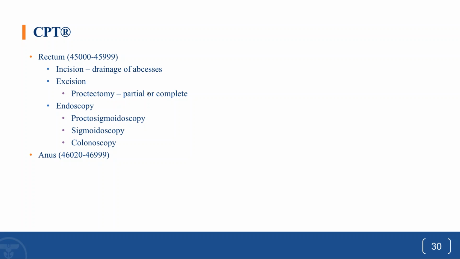All right, so underneath that, you can see the destruction of the tumor 45190. That's for the destruction of a rectal tumor. And so it gives you all the different approaches to destroy the tumor. And this is a transanal approach, right? Through the anus. That's how they're going to destroy the tumors.